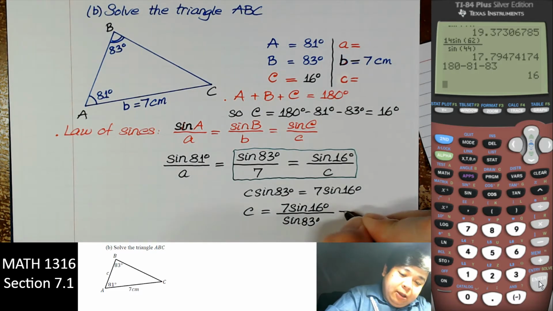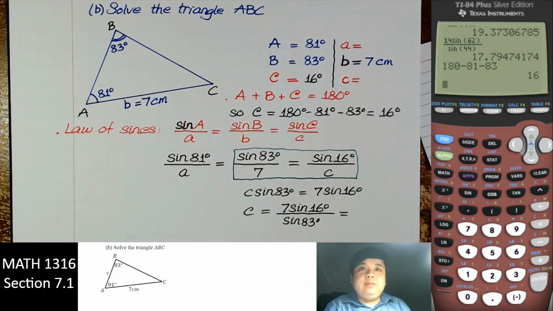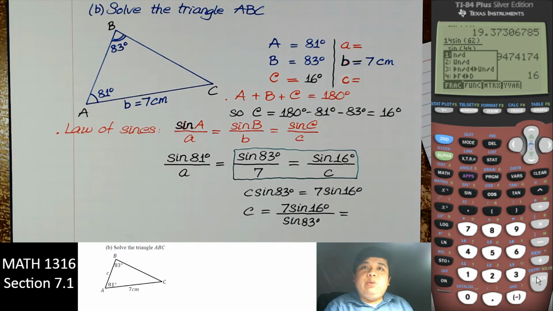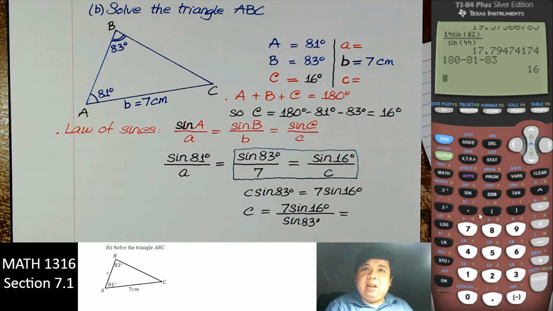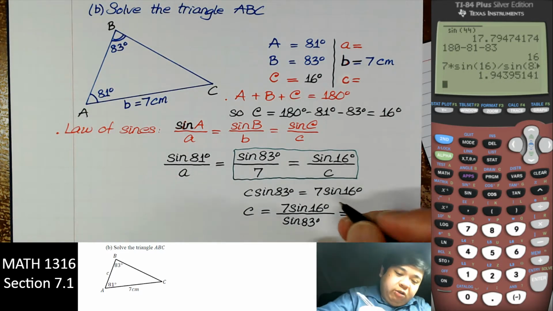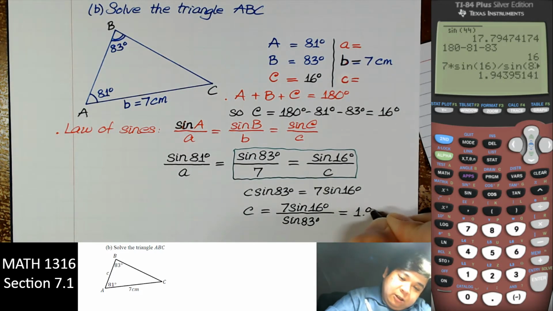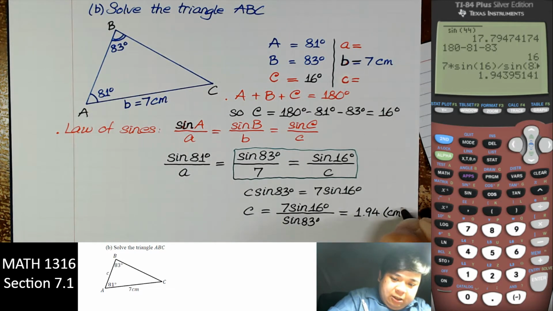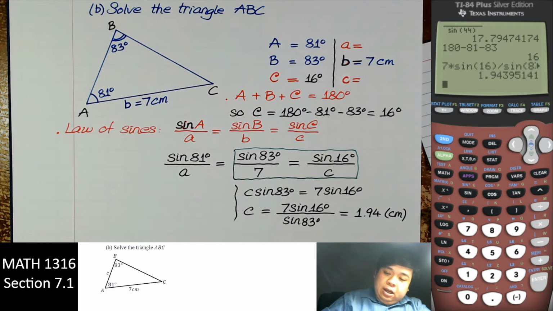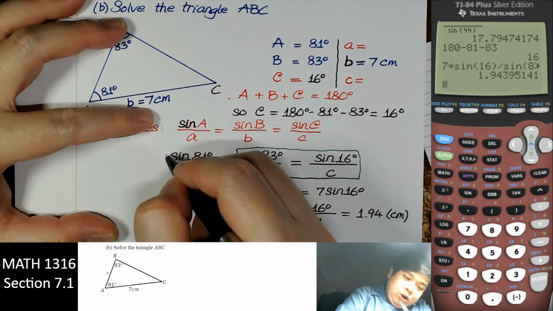Right? And we just do that. 7 times sine of 16 divided by sine of 83. 1.94 centimeters.